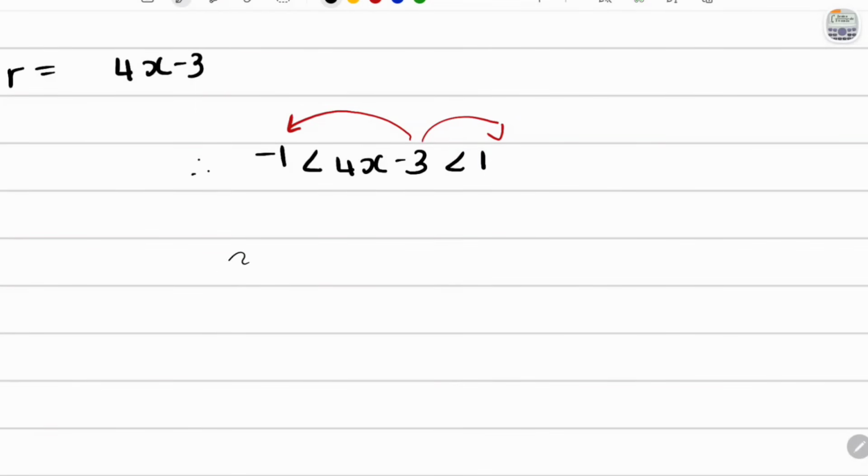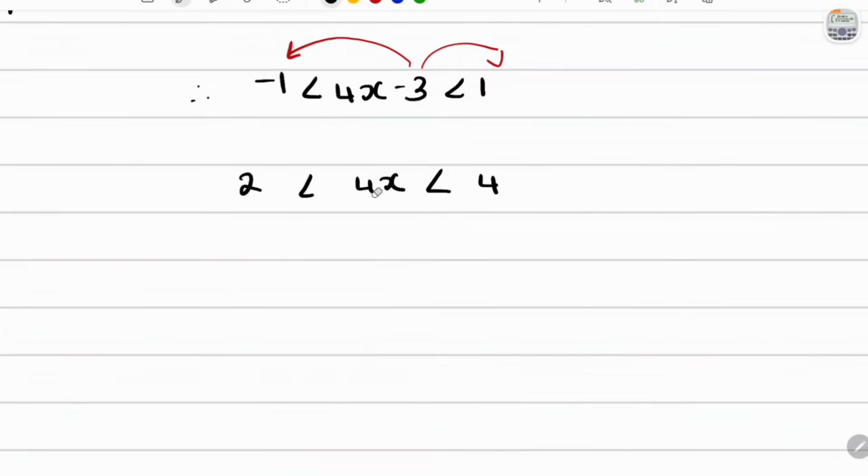So we're going to have -1, and the 3 comes over and becomes a +3. We still have our signs. We have 4x here and then we have a 1 here. The -3 comes over and becomes a +3. So 3 minus 1 is 2 and 1 plus 3 is 4. Then we need to get rid of the 4. Again, it's a double inequality, so you do the same on both sides, dividing both sides by 4.